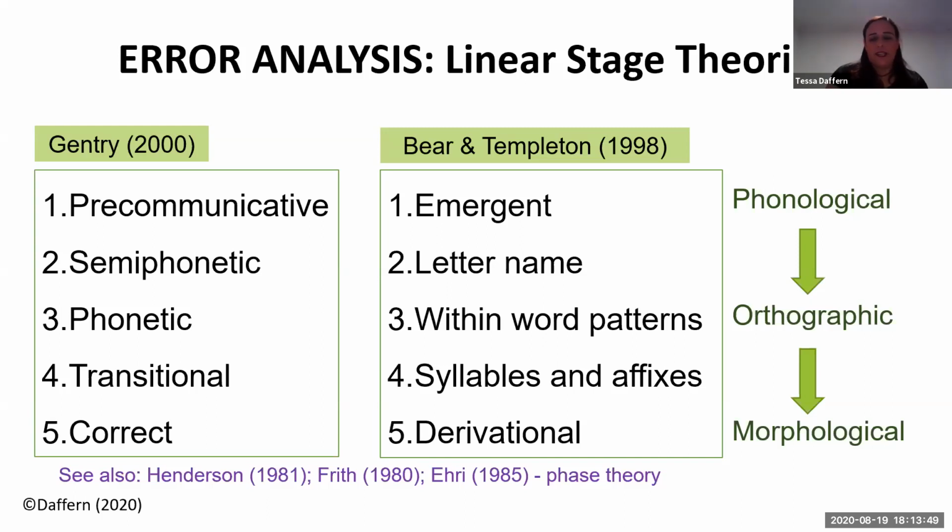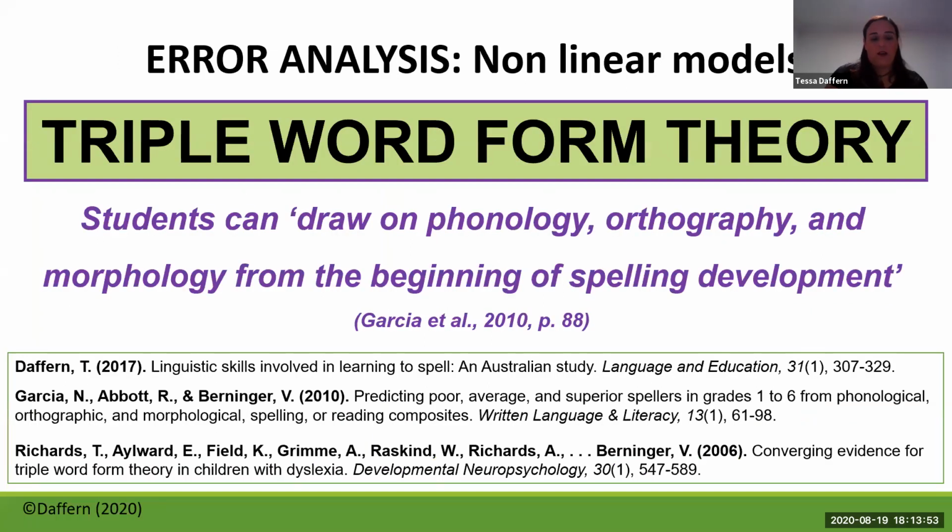And indeed, in the last, I'd say at least decade, maybe more, alternative models have been developed through research, and I won't have time tonight to go through and critique or synthesize all of them, but I'm going to focus on this one here, triple word form theory.